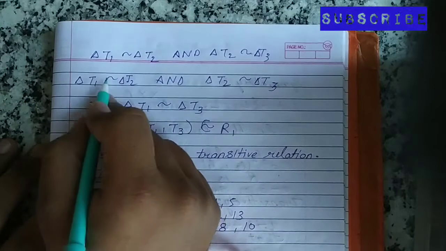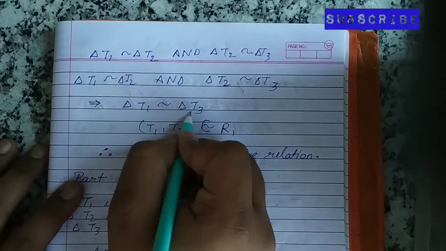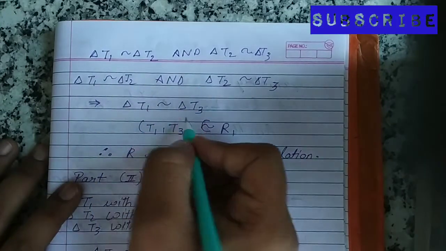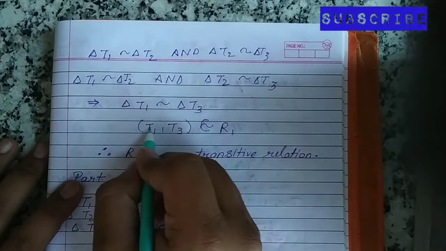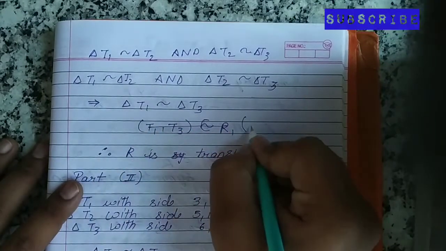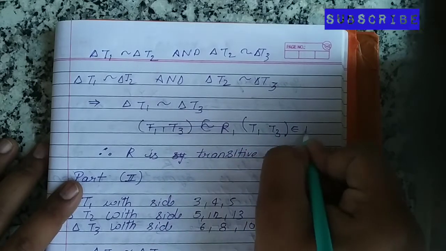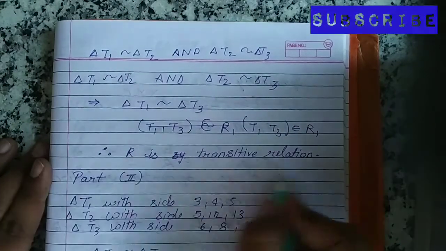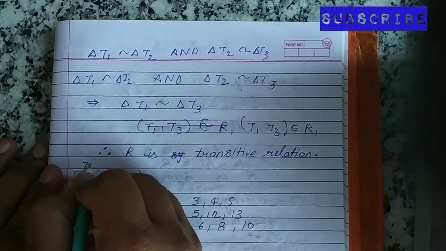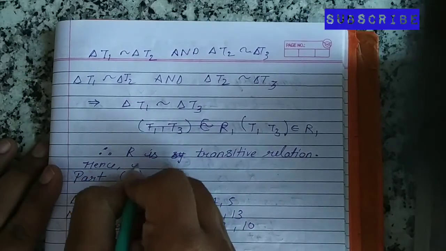So making equation 1 and 2, we can say triangle T1 is similar to triangle T3. These are basics, you all know this, so I am not going deeply into it. I can write T1, T3 belongs to relation R1. Okay, it is transitive. So we can say that hence it is an equivalence relation.